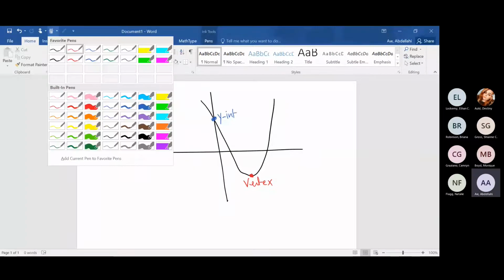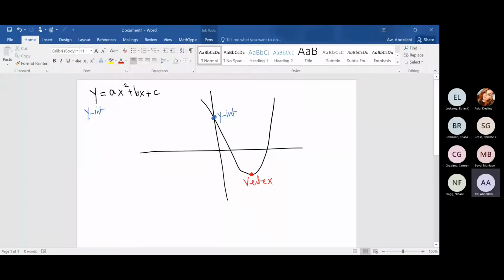So we set x equals 0, and you get y equals a times 0 squared plus b times 0 plus c.